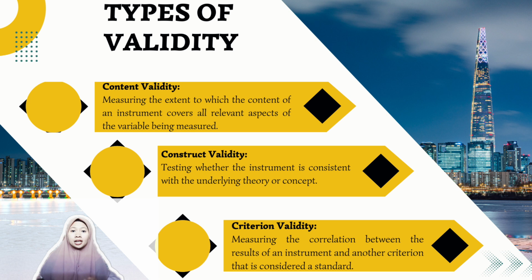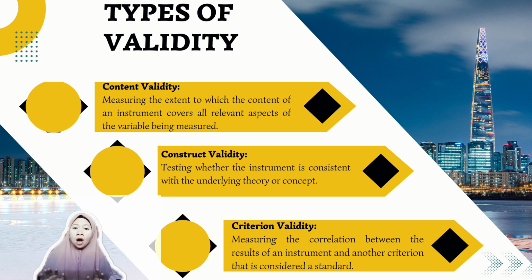For example, if we are creating a test to measure mathematical ability, we should make sure that all the important topics in mathematics, such as algebra, geometry, and arithmetic are covered in the instrument. Content validity is often tested by consulting experts in the field to assess whether the items on the instrument cover the relevant aspects.